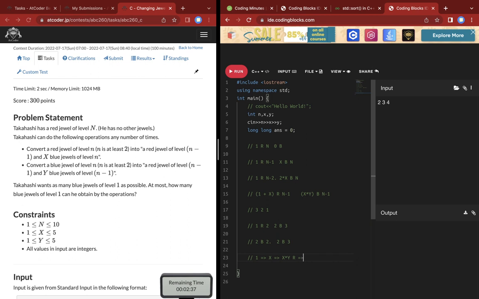Now these would convert into X into Y into X blue ones, and we just have to keep on doing that until we actually reach 1.